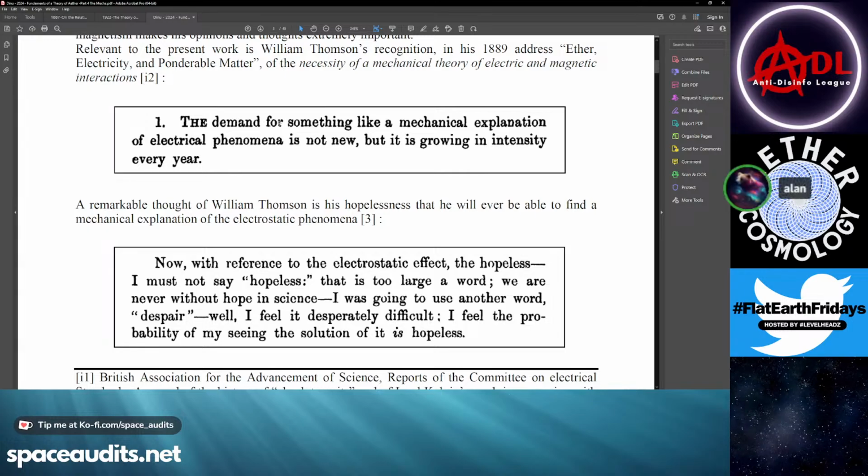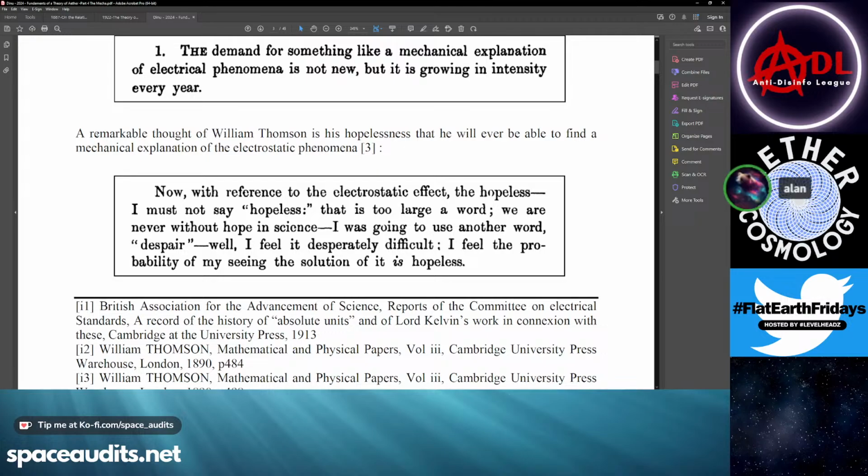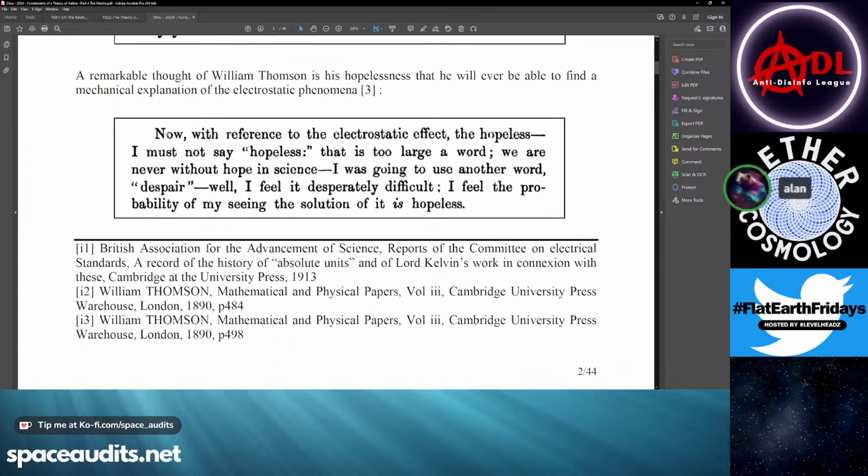The demand for something like a mechanical explanation for the electrical phenomenon is not new, but is growing in intensity every year. Remarkable is Thomson's thought of hopelessness that he will ever be able to find a mechanical explanation for the electrostatic phenomenon. Quote here from Thomson again.